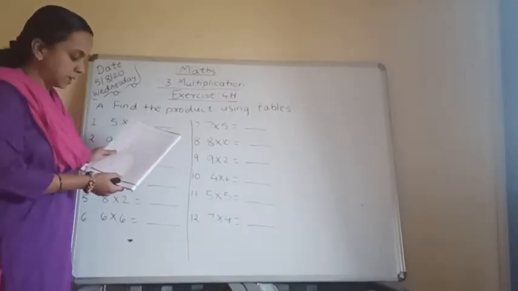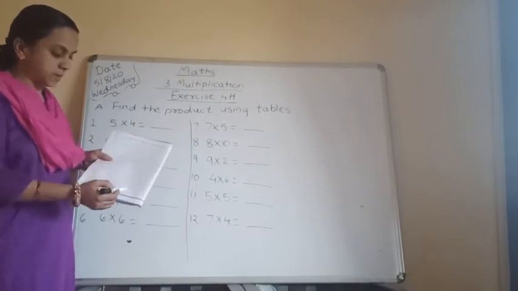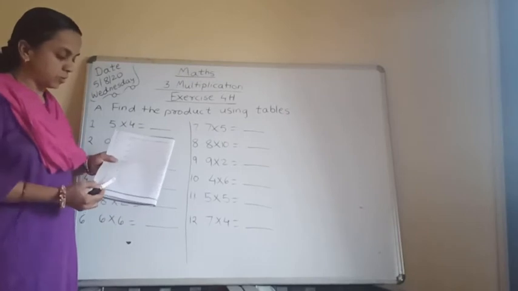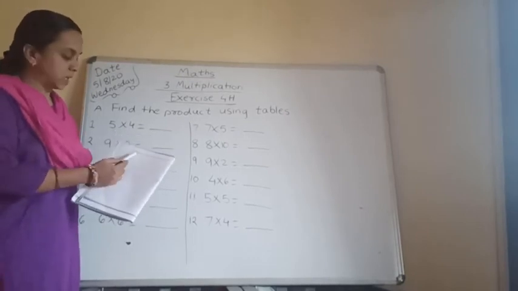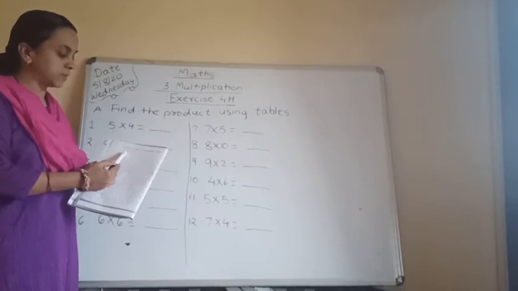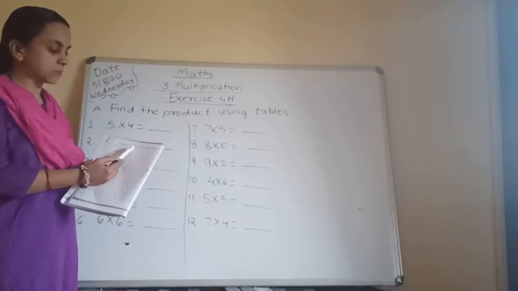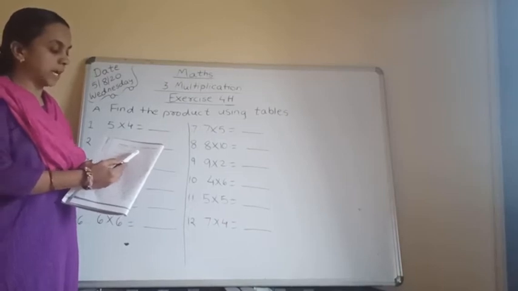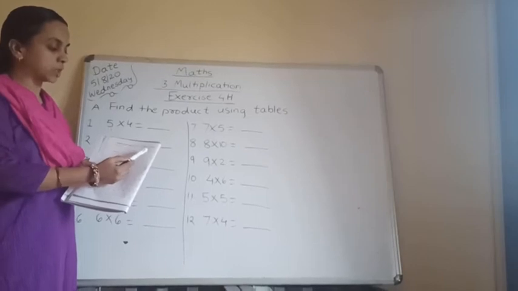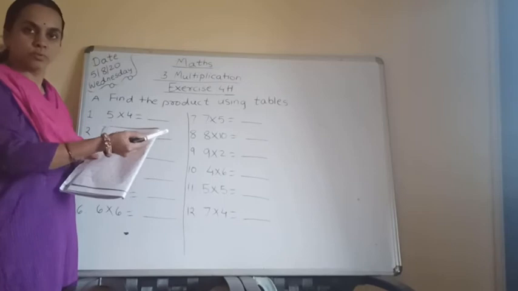Now see your page number 56. On this page number 56, you can see tables from 2 to 10. Okay, so we can prepare tables by adding that number. See, for example, 2 plus 2 is 4, 4 plus 2 is 6, 6 plus 2 is 8, 8 plus 2 is 10, 10 plus 2 is 12, 12 plus 2 is 14, 14 plus 2 is 16, 16 plus 2 is 18, 18 plus 2 is 20.